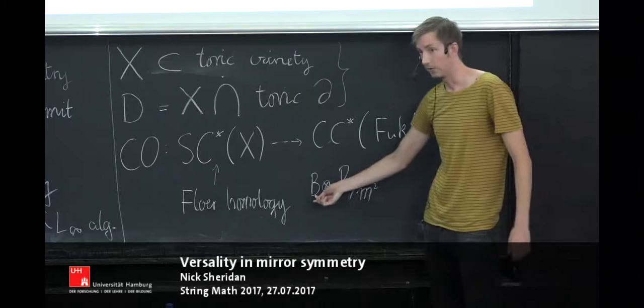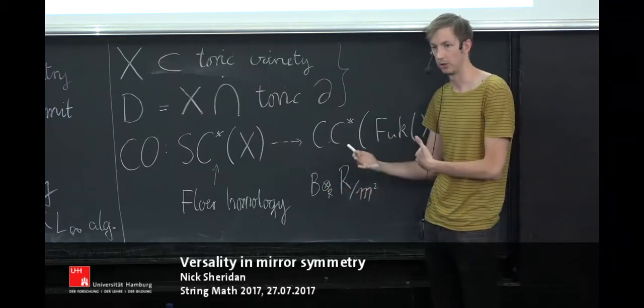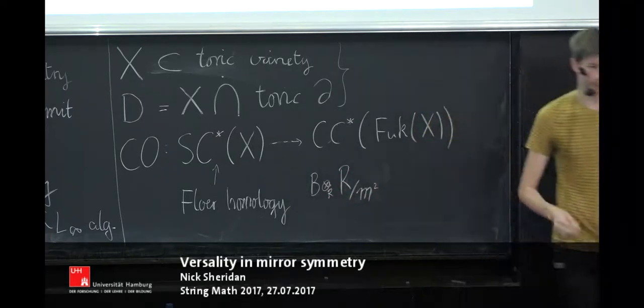It means if we quotient by the square of this maximal ideal, then these two categories should be basically equivalent over this ring.